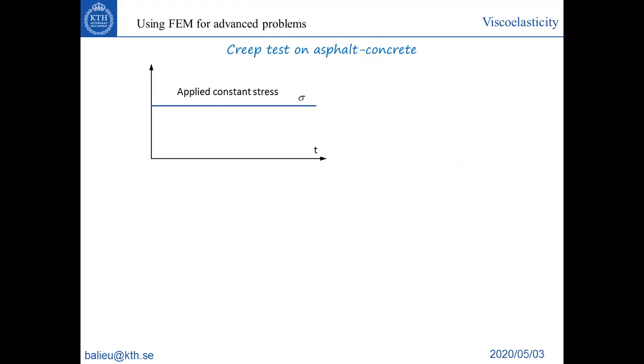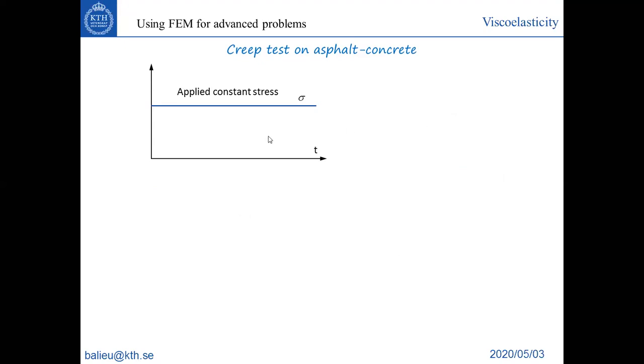I presented to you firstly the relaxation test. So when you apply displacement and you maintain this displacement constant during time, you have a relaxation of stress. But now I want to discuss the creep test. This is another kind of test. You apply a stress and you maintain the stress constant during your test.